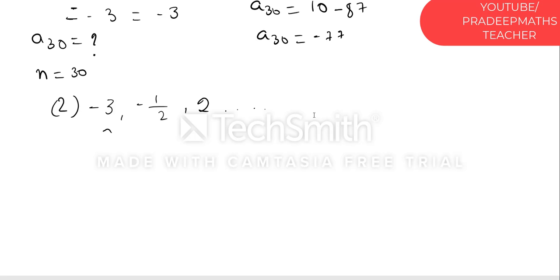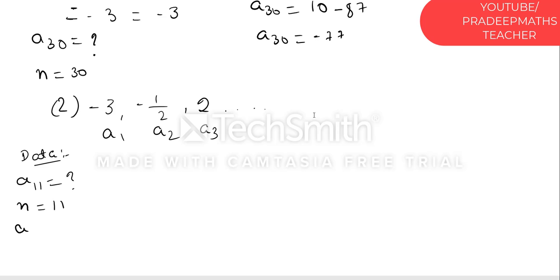As usual, call these A1, A2, A3: this is the first term, this is the second term, this is the third term. Now I'll write the data here. You need to find the A11 term, so A11 equals question mark. Here n will become 11 because you are about to find the 11th term.